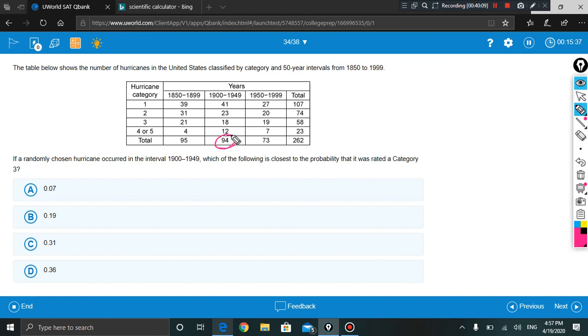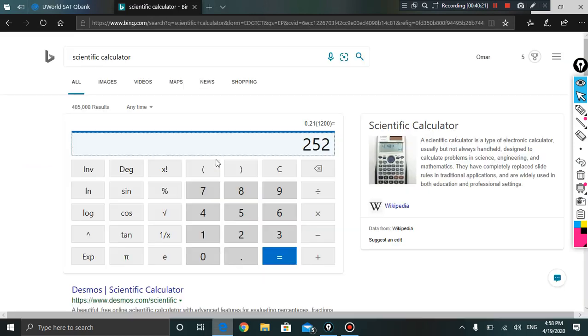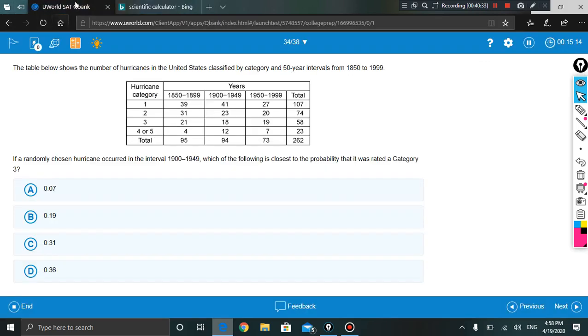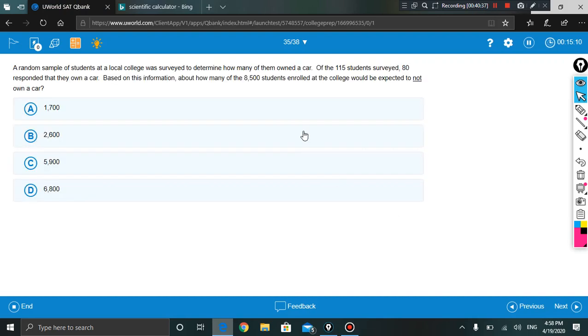Category 3. So it's 18 over 94. Let's check this out. 18 divided by 94. 0.191. Okay, 0.19. This is the closest. Next, we're about to finish, guys.